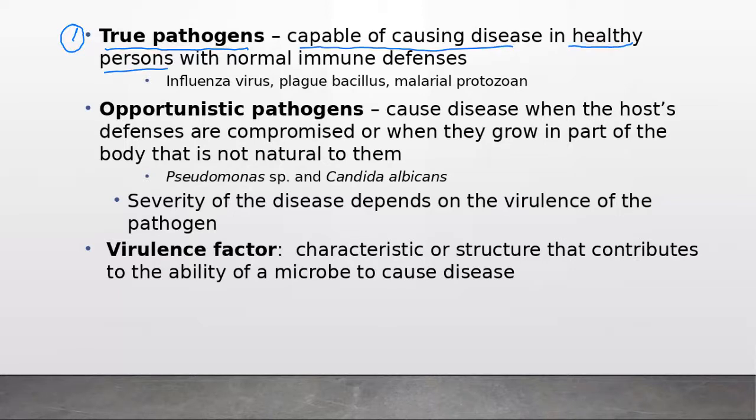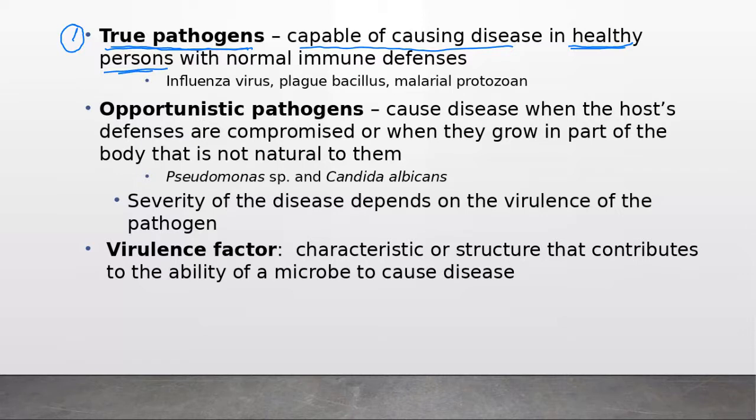When the flu virus enters the human body, it doesn't matter whether this human body is healthy or unhealthy, this flu virus can cause infection. Okay, so it is able to cause disease in a healthy person. This is what we call the true pathogen.